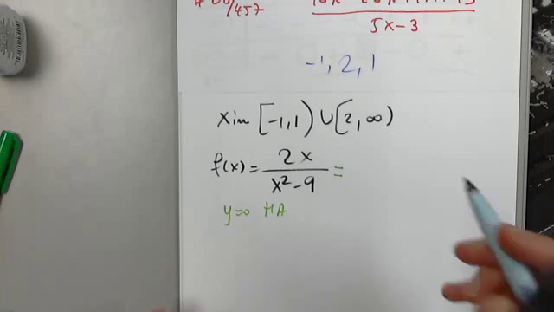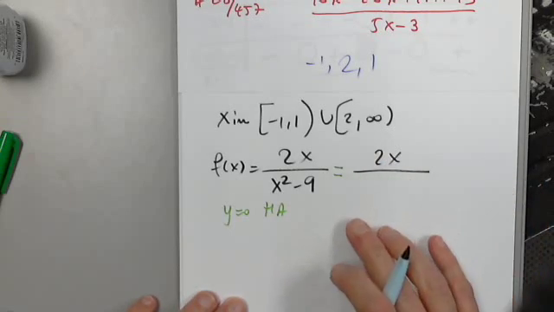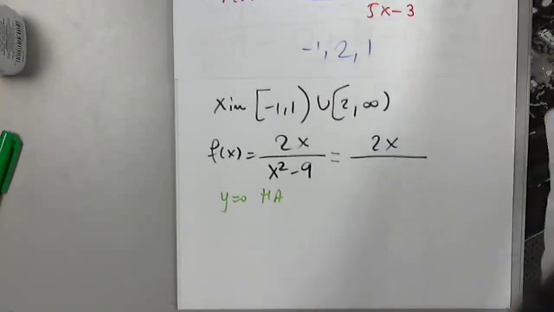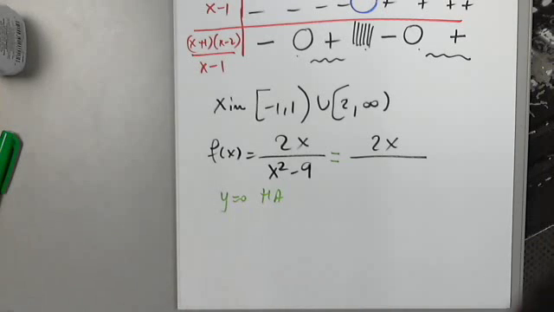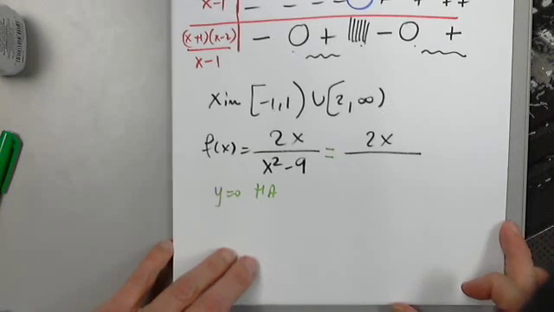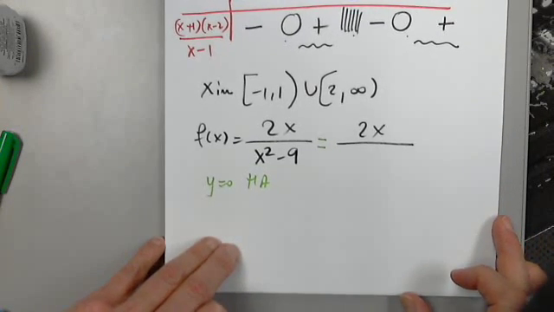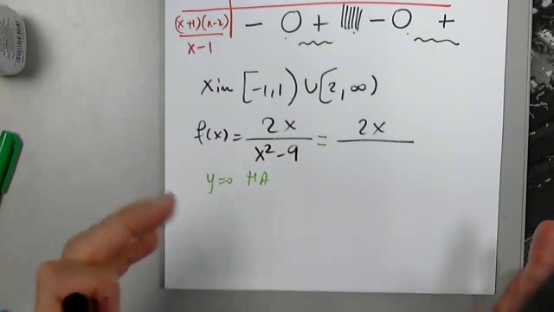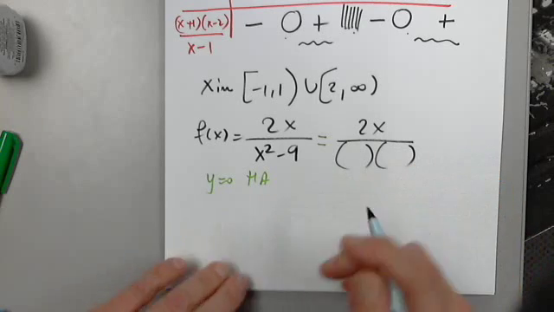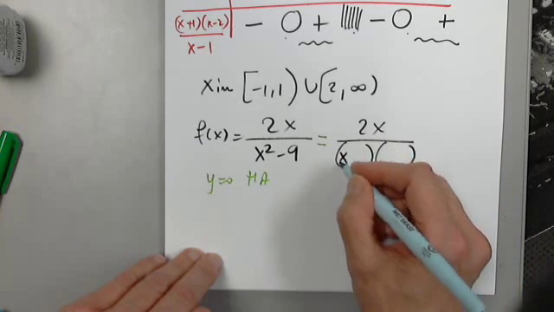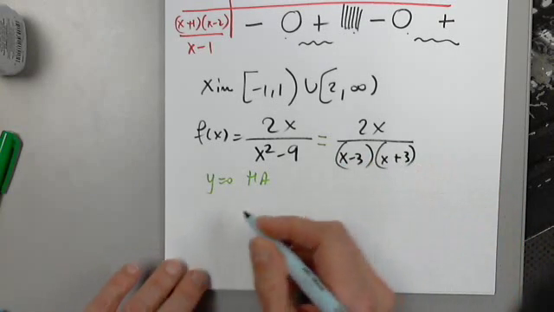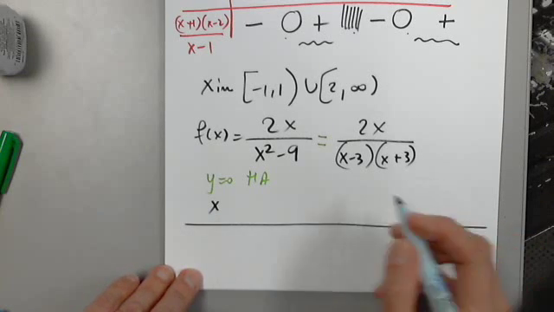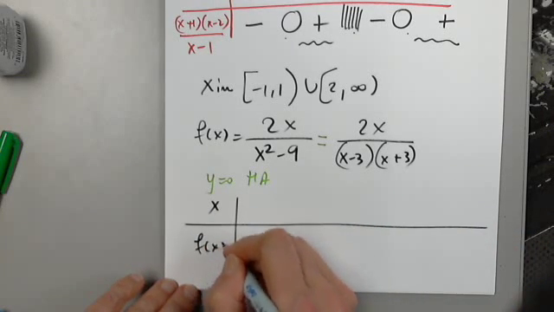Factor the denominator. So 2x divided by... I will have to do that before I do anything else, before I find the domain, right? Without factoring the denominator, I won't be able to find the domain. So how do I factor the denominator? This is absolutely mandatory. So then I can get my chart going.